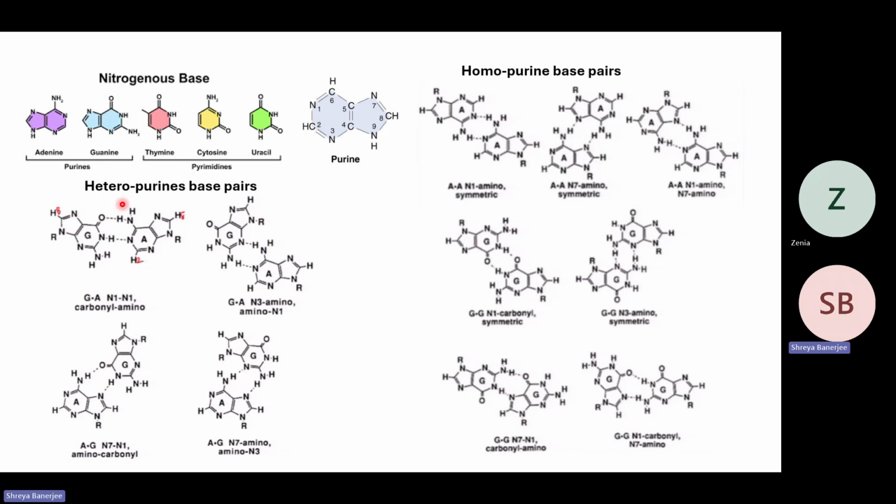Now you can have heteropurine base pairs. So G and A are the two purines, but these are different, and so they are heteropurine. Here there is N1 with N1.